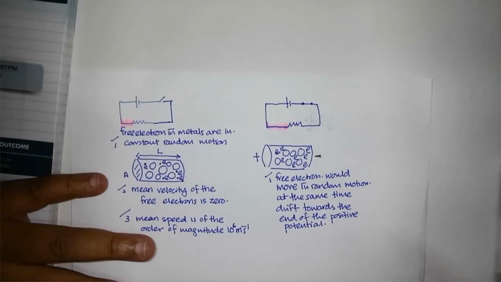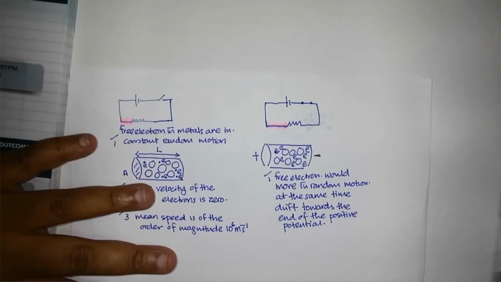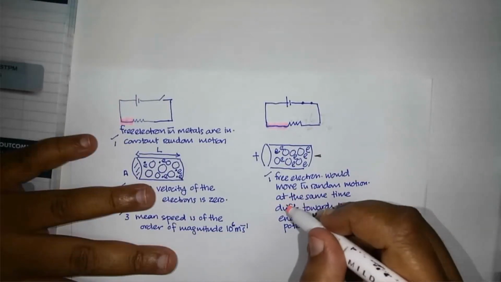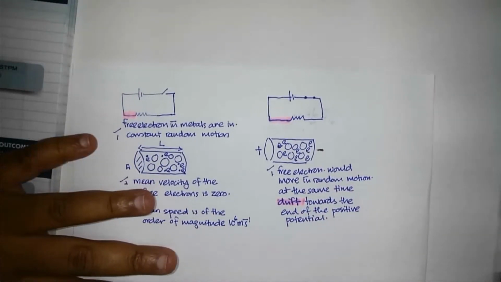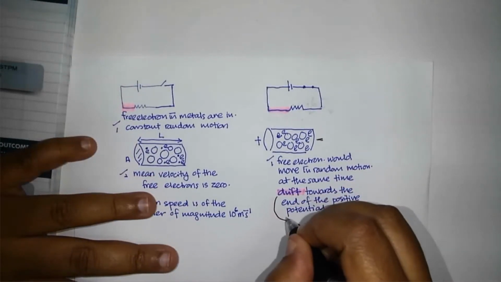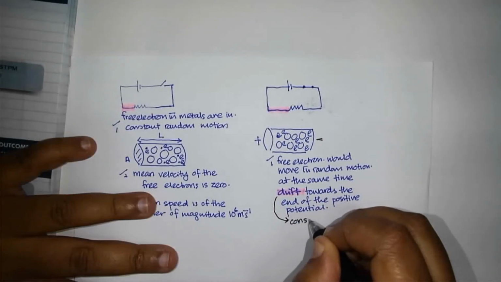The drift of the free electrons will constitute an electric current.